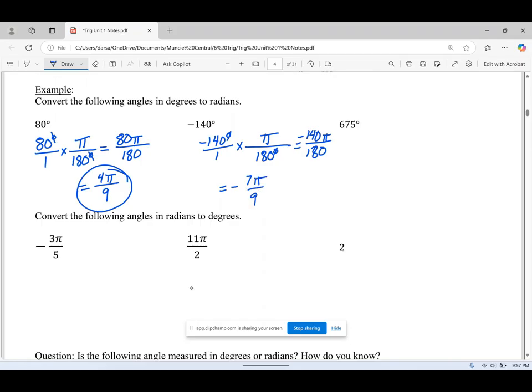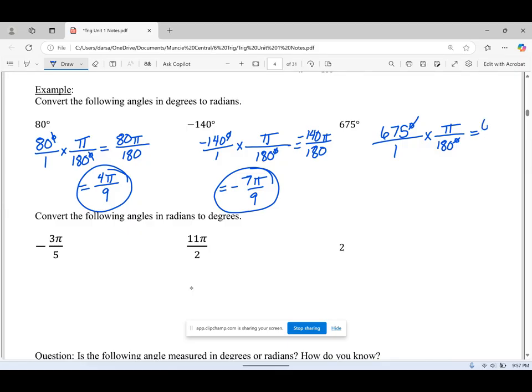Notice that a negative angle in degrees is also going to be a negative angle in radians. Just remember, it means we're going the other direction. 675 degrees is a little bit more interesting because it is bigger than 360. So this is going to be more than 360 degrees, or more than 2 pi. But because we have degrees on the top, we'll put the 180 degrees on the bottom, the pi on the top.